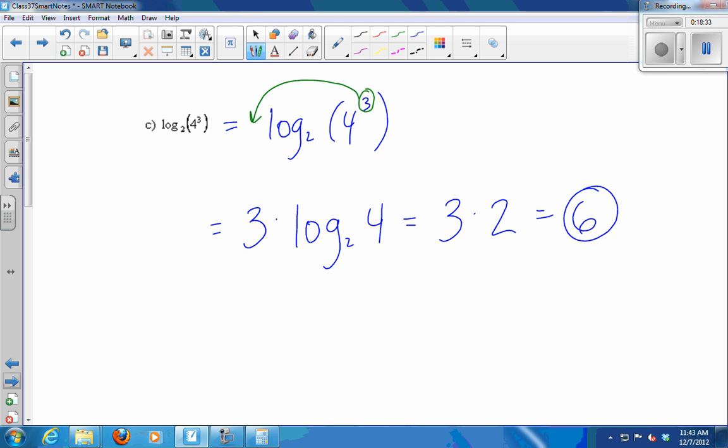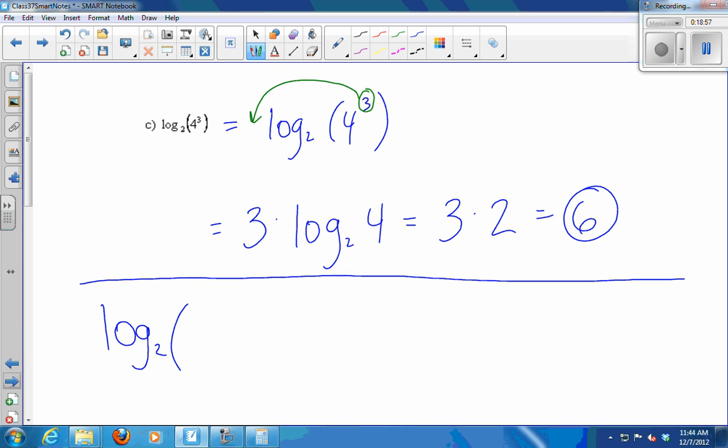Could I have done this one a different way? Ah, I see. Yes, do 2 squared, multiply the powers 4 times 3, so I would get 2 to the 6th, right? So I would say, well, log base 2 of 4 cubed.